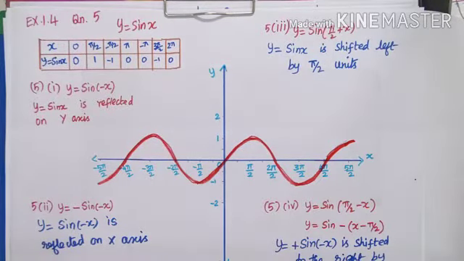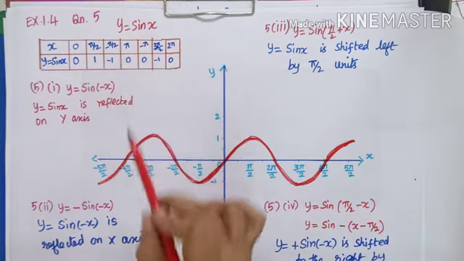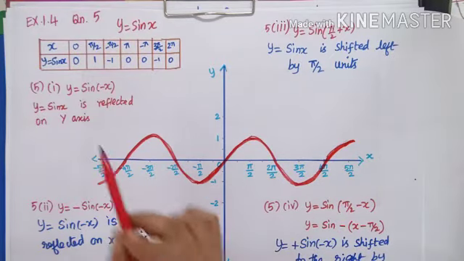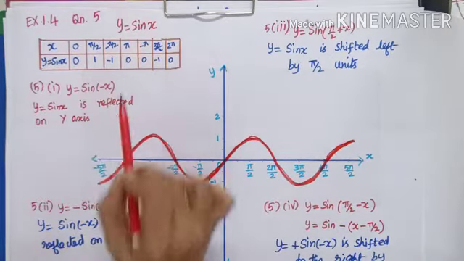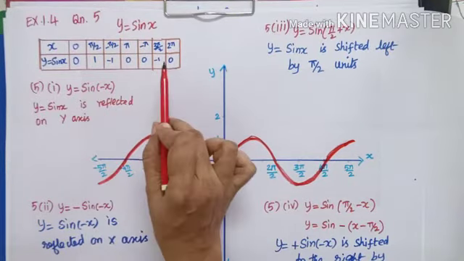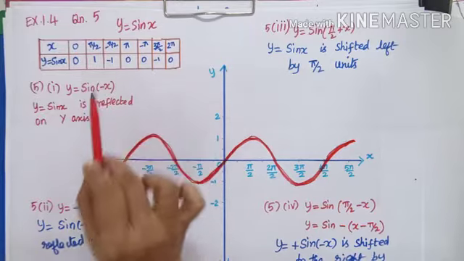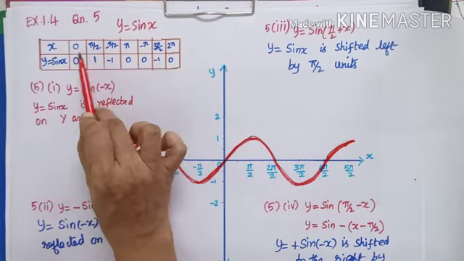Question number 5. Y equals sine x. Now sine x, we try to draw the curve. We know trigonometry values for sine. Now in detail we will study latter chapter trigonometry. At present you remember sine 0, 0.